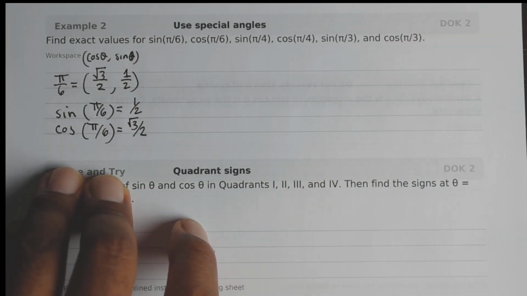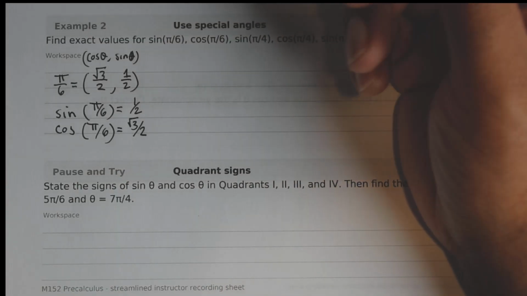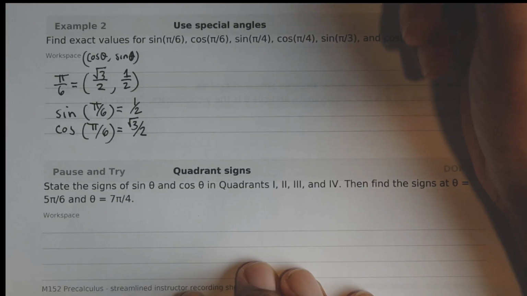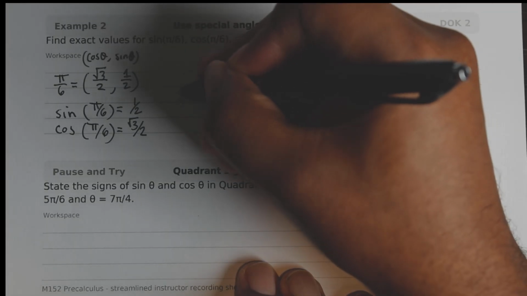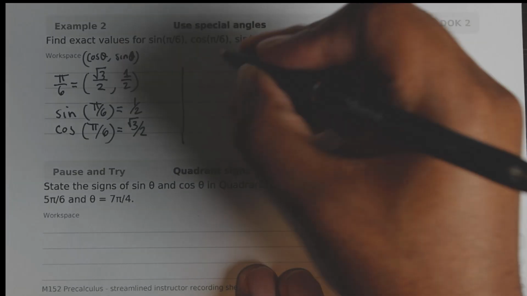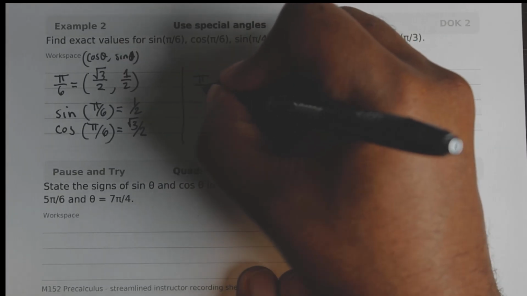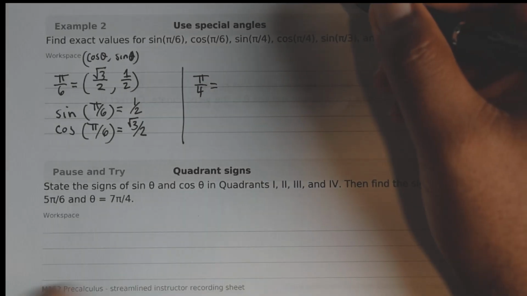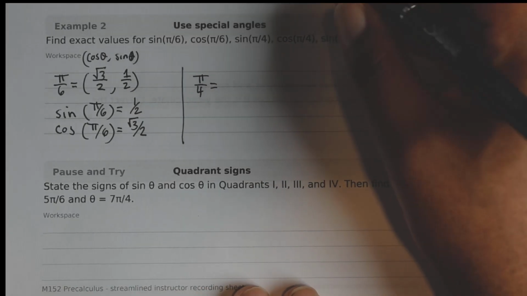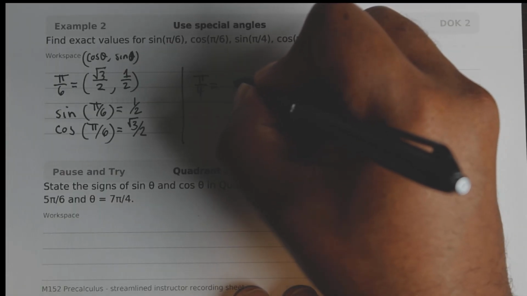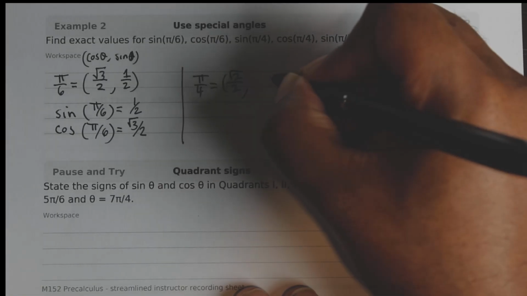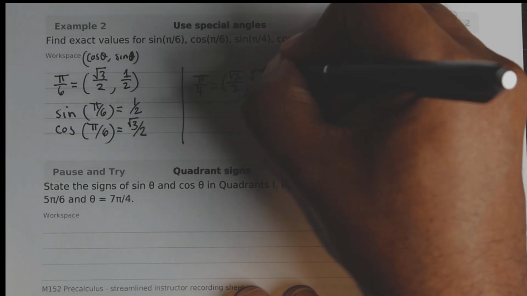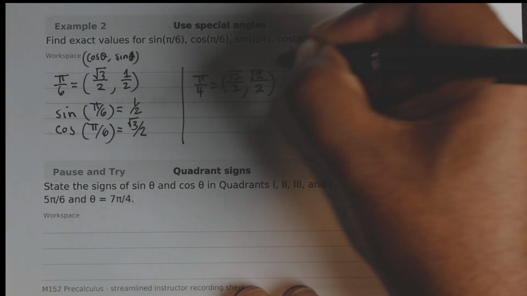Right? Okay. And then now let's look at sine of pi over 4. So we have pi over 4, and pi over 4 on a unit circle would be square root of 2 over 2, comma, the square root of 2 over 2.